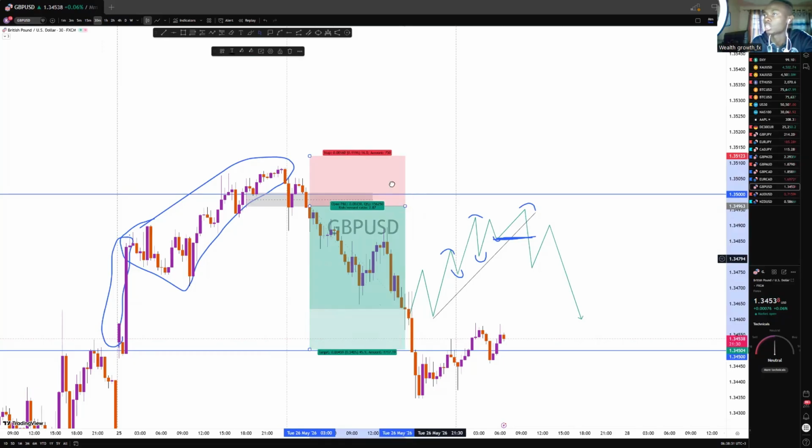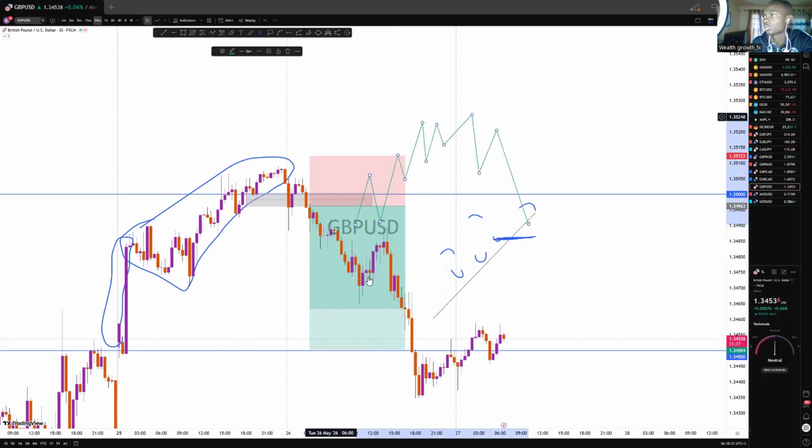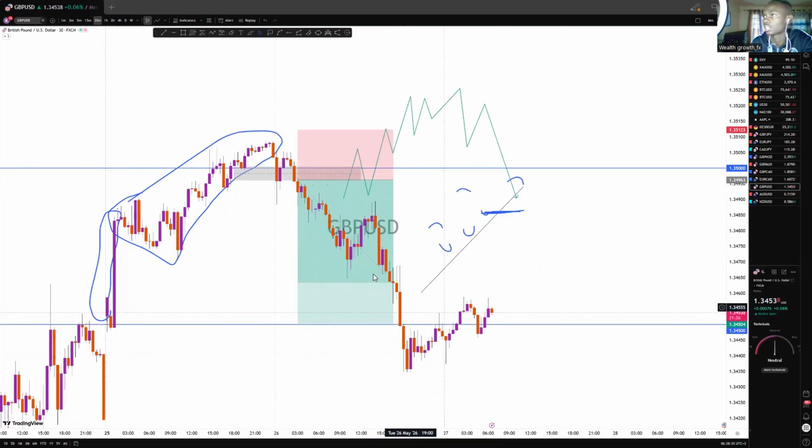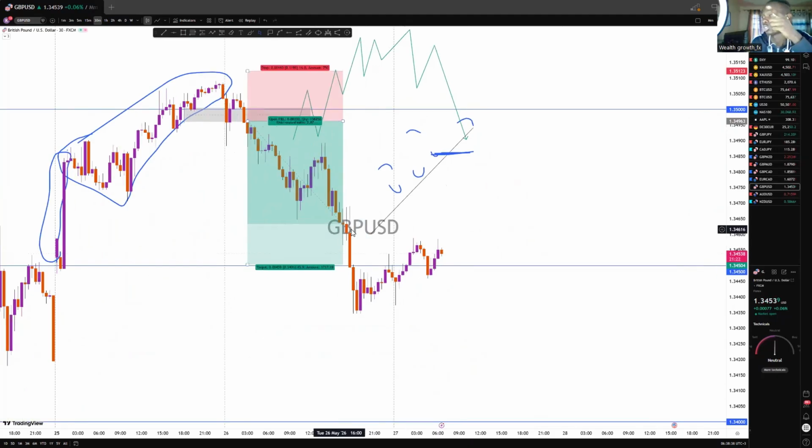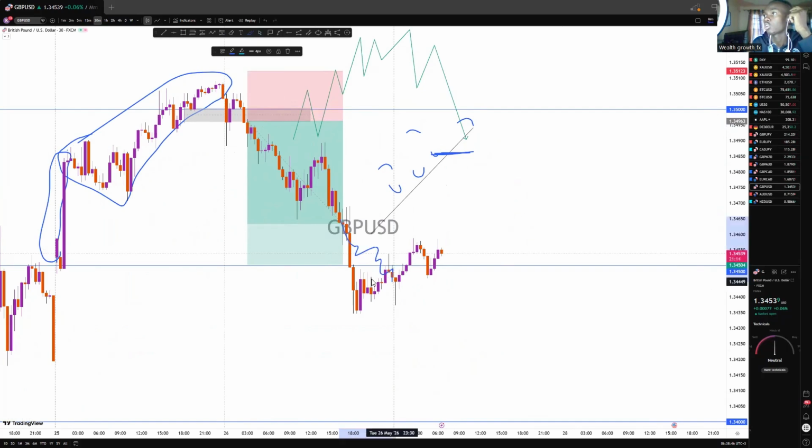Now again, let's say we have reached this psychological level here at this point. Now the market will do what? It will either approach it with a collection move, or it can come back to that area and move impulsively. And when the market moves impulsively, what does that tell you? That the market has a lot of power.